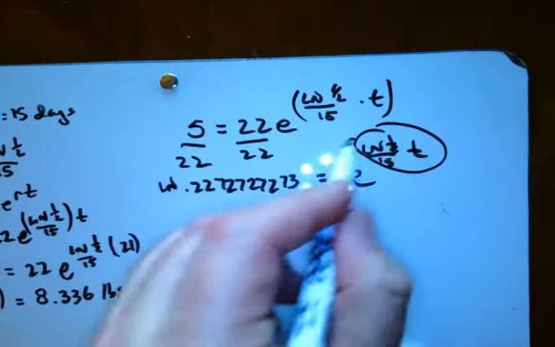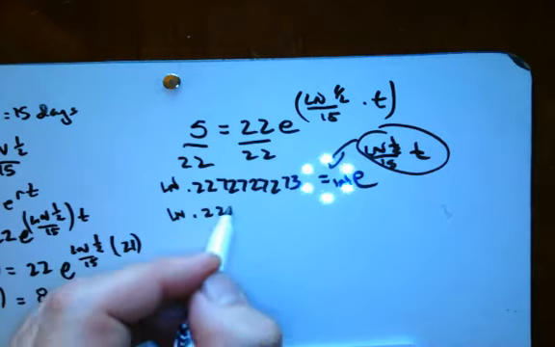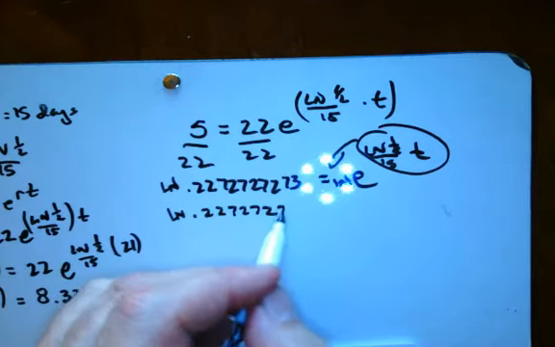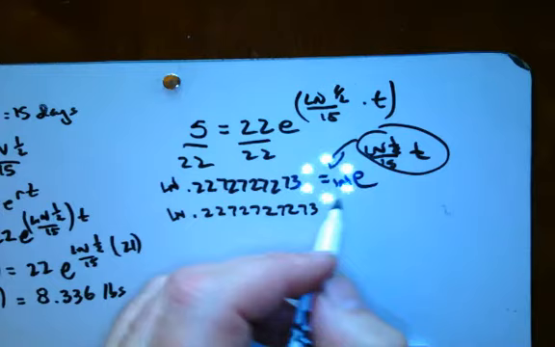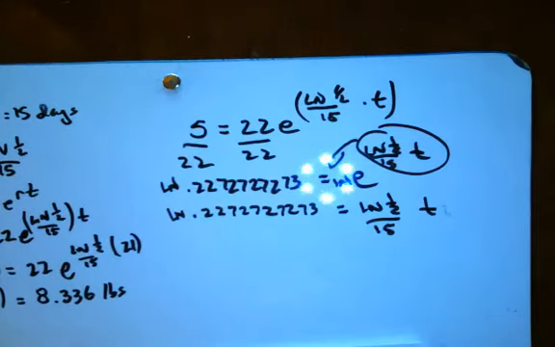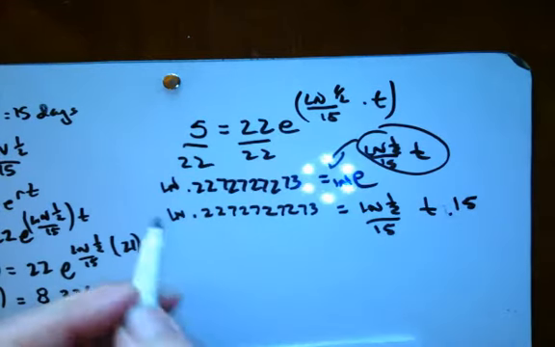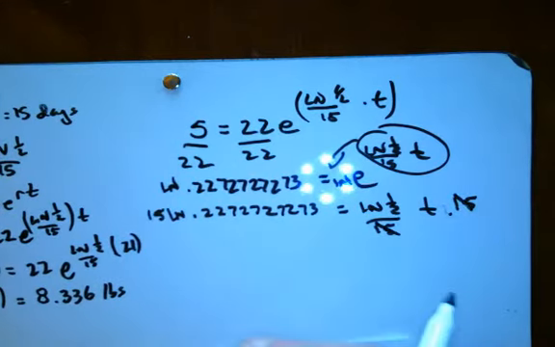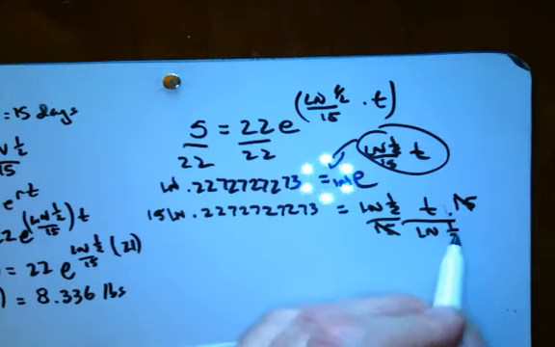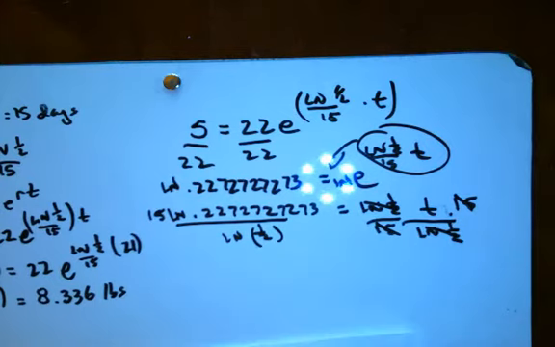You could certainly decimalize this, but we're about to take the ln of both sides and bring this down, so I'm just going to do that. ln of 0.227272773 equals ln of a half over 15t. Well, I want to get t by itself. If I multiply both sides by 15, these cancel. And if I divide both sides by ln of a half, these cancel.